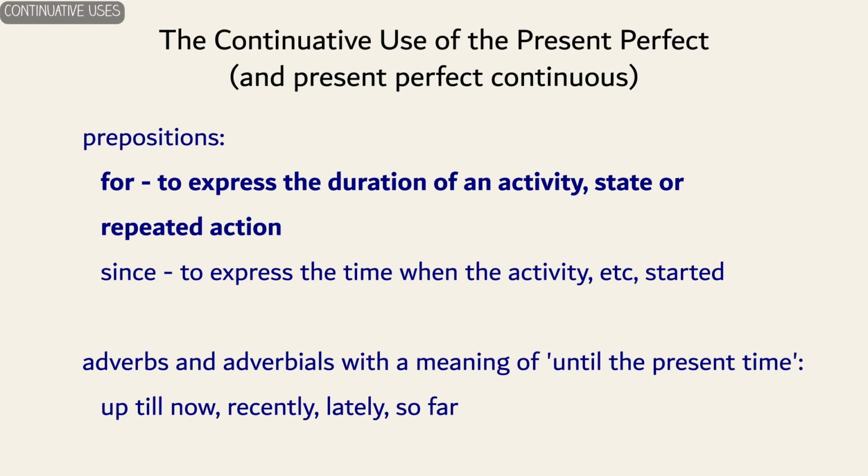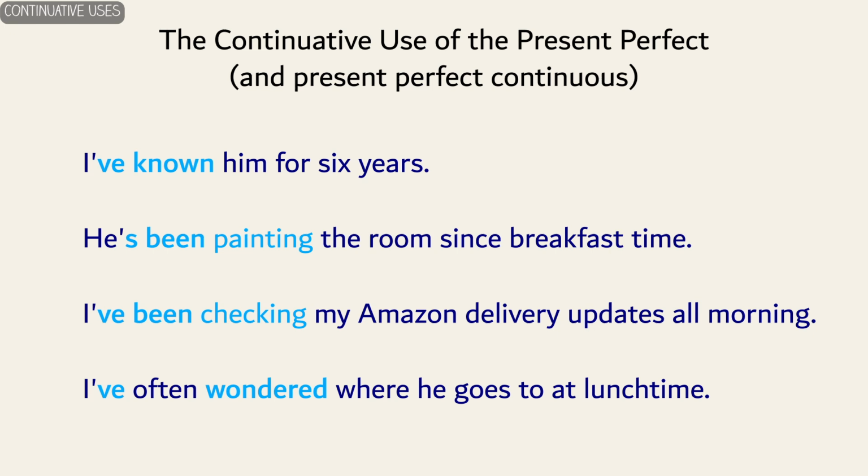Okay, so it's really important to remember the kinds of prepositions that we can use with a continuative use of the present perfect. So we can use the preposition for to introduce a prepositional phrase that expresses the amount of time an activity or state or repeated actions have existed, like in my previous example, for 6 years.